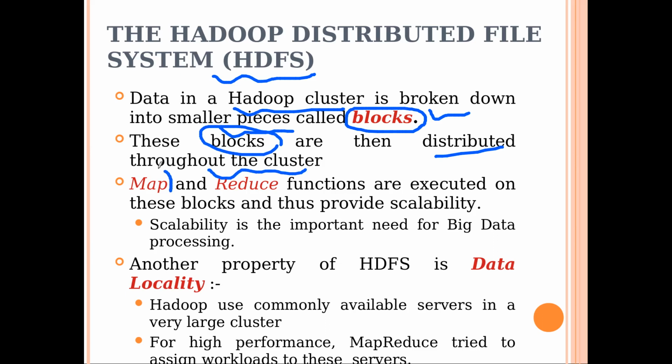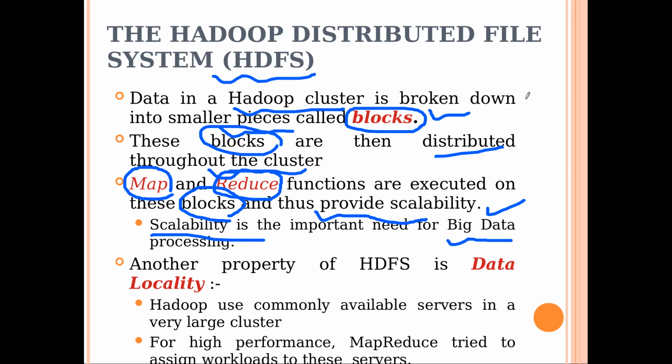Then we apply the second major programming paradigm called MapReduce, in which we have two functions, map and reduce, and they are executed on all of these distributed blocks, and because of that it provides scalability. Scalability is an important need for the processing of big data.